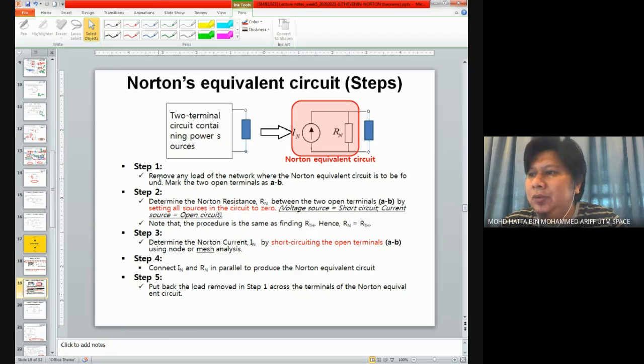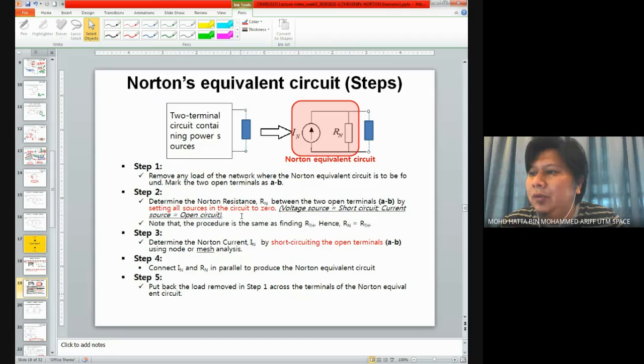We try to remove any load from the network and try to find the Norton resistor looking from that terminal. So step number 1, we try remove the load and mark as open terminal A and B. And step number 2, we try to find Rn, or the value of Norton resistance.